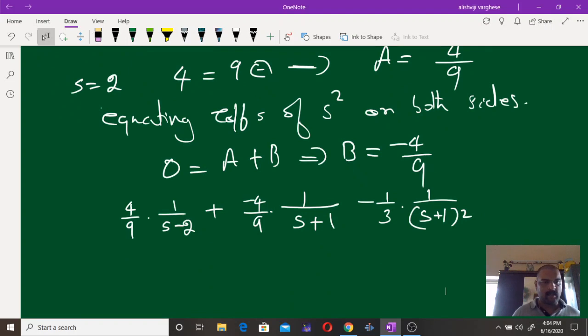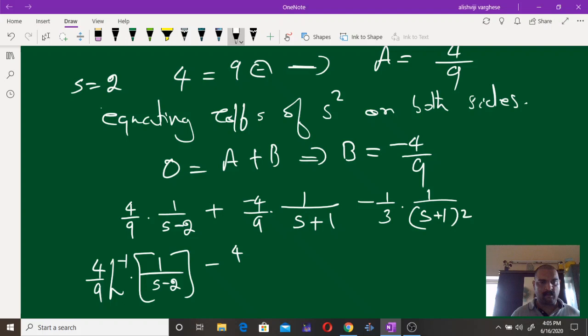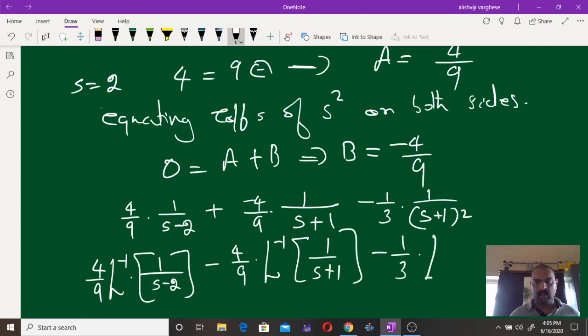Now we can take the inverse Laplace transform. So 4 by 9 into the inverse Laplace transform of 1 by (s minus 2), minus 4 by 9 into the inverse Laplace transform of 1 by (s plus 1), minus 1 by 3 into the inverse Laplace transform of 1 by (s plus 1) the square.